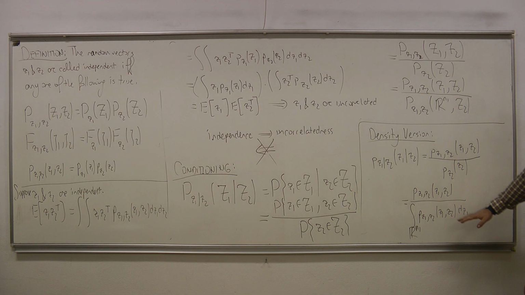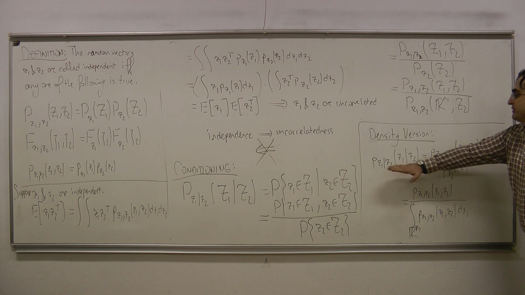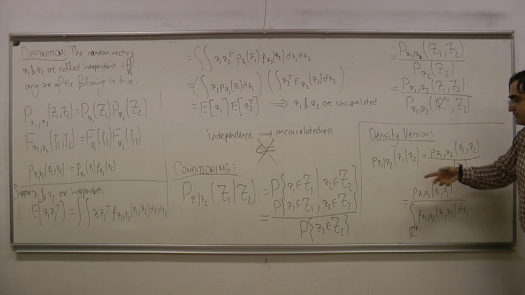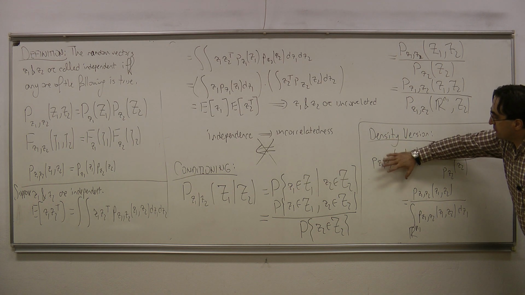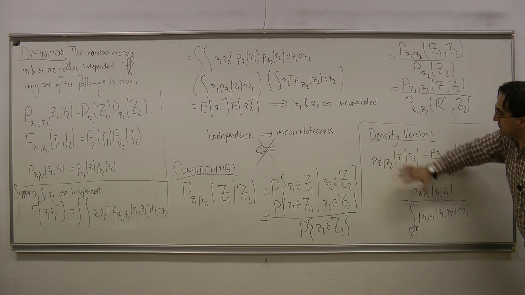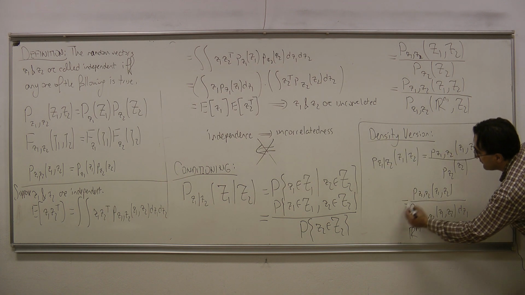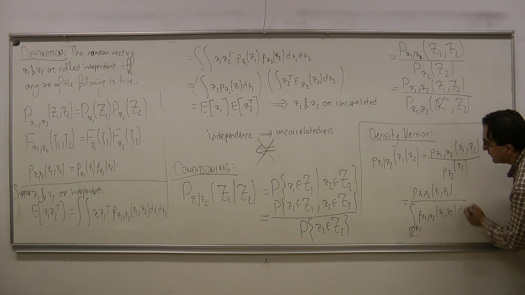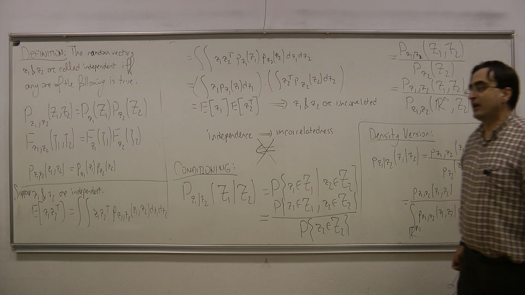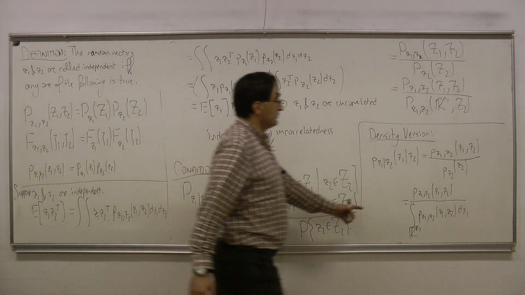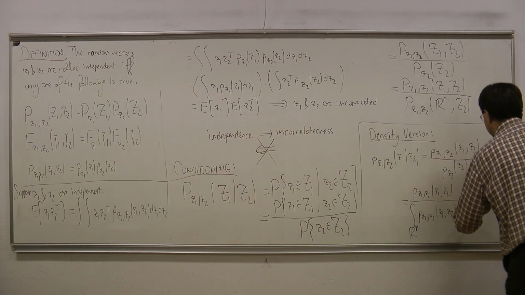Okay? So you see that this is a distribution for Z1, given some quantities. So as a result, the integral of this distribution with respect to Z1 should be 1. So this number in the denominator is nothing but a normalization constant for the distribution that is given here.